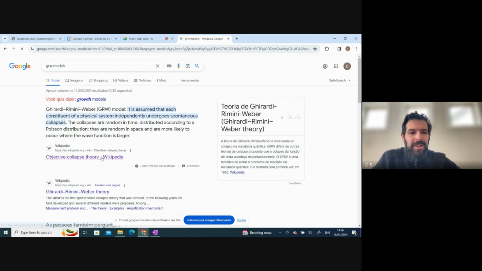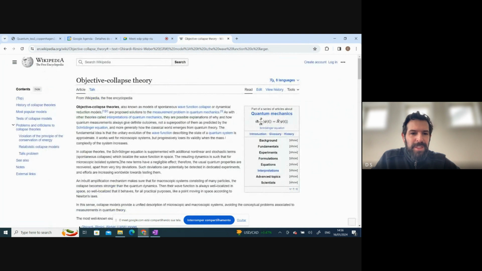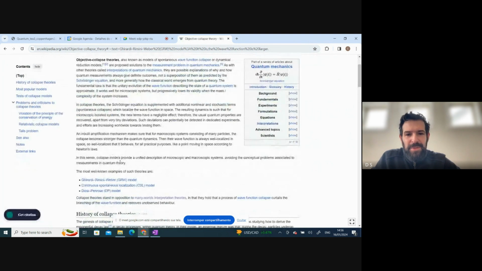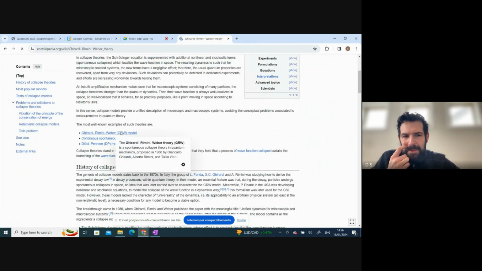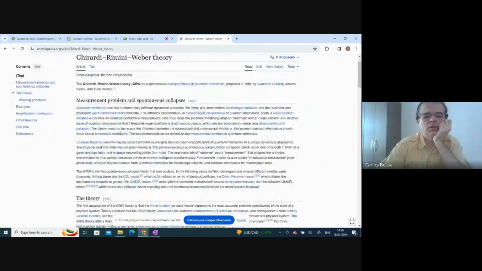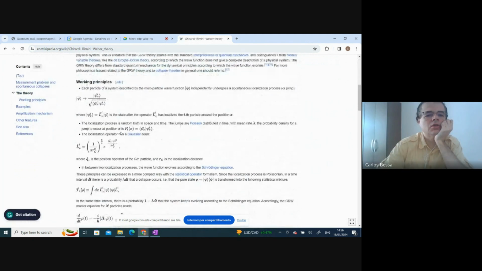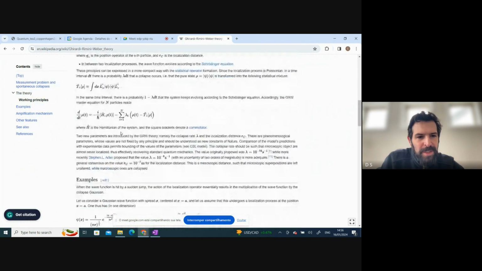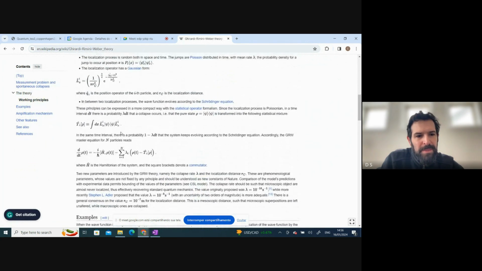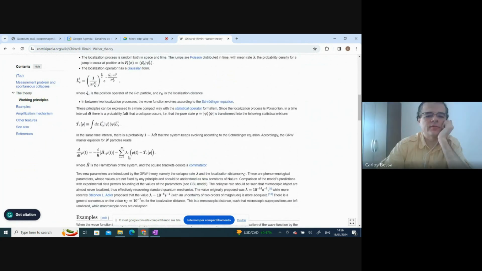So I can see here the conventional equation in terms of the density matrix rho for the commutator, and then it has an additional term.